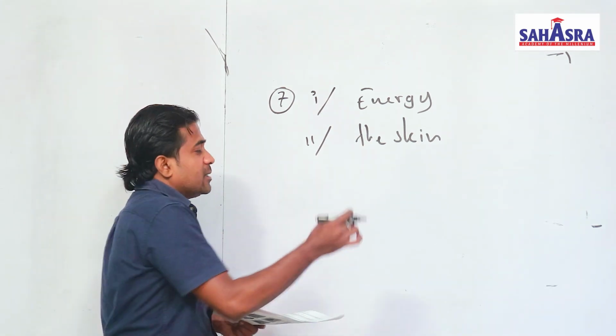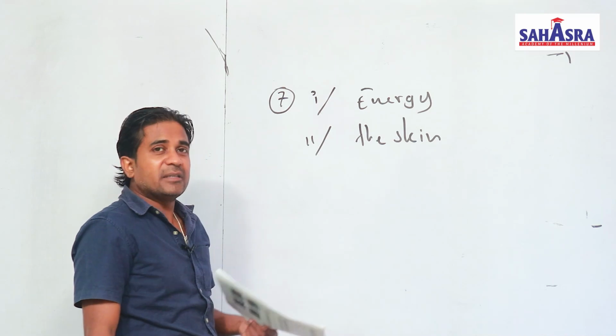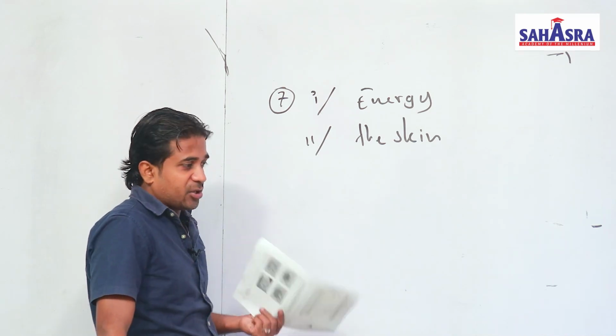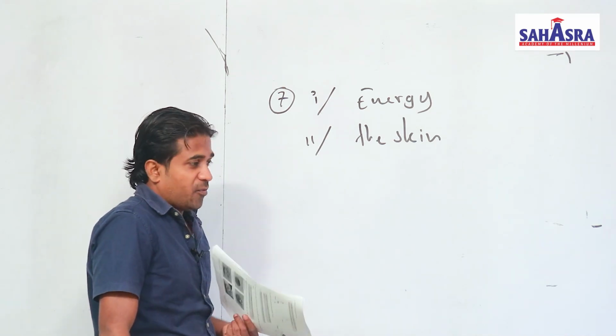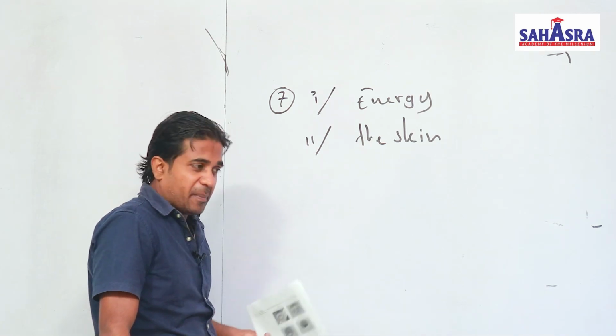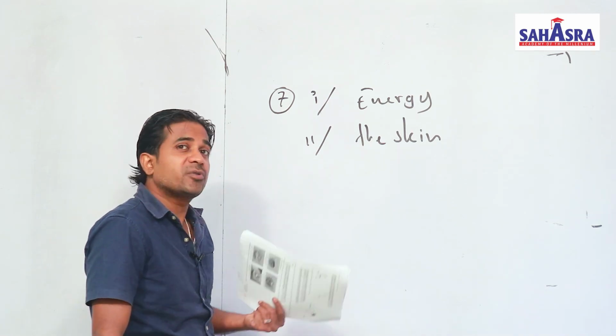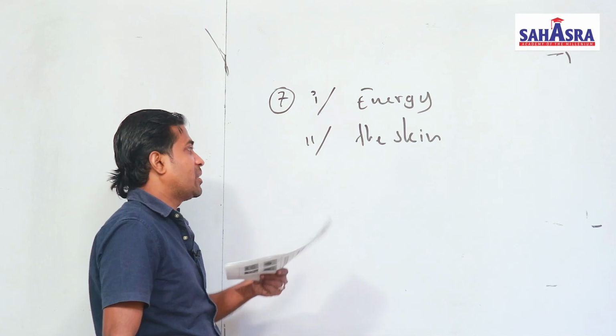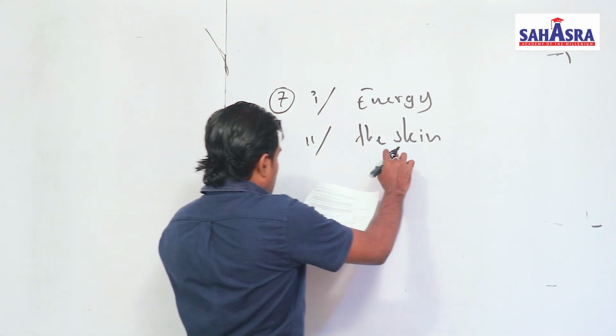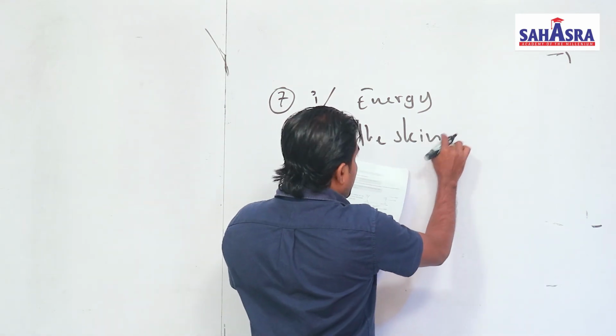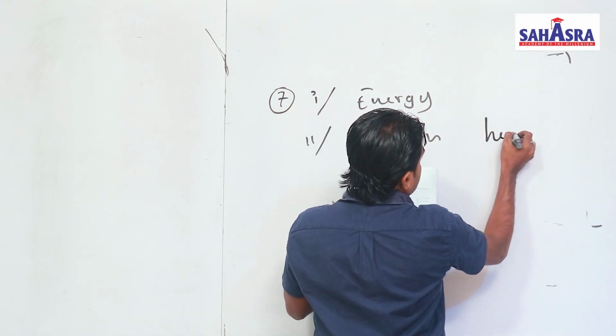Actually, it's given by the minerals and vitamins. That's why we ask you to eat more fresh leaves, plant material and fruits, to get enough vitamins and minerals. The body lights the skin and remains healthy.